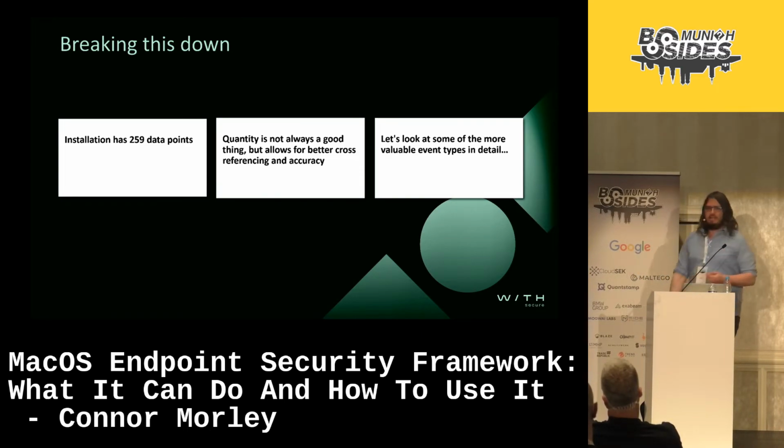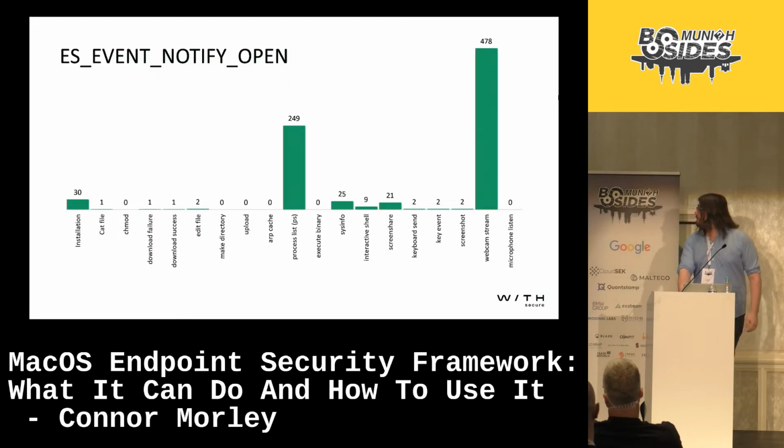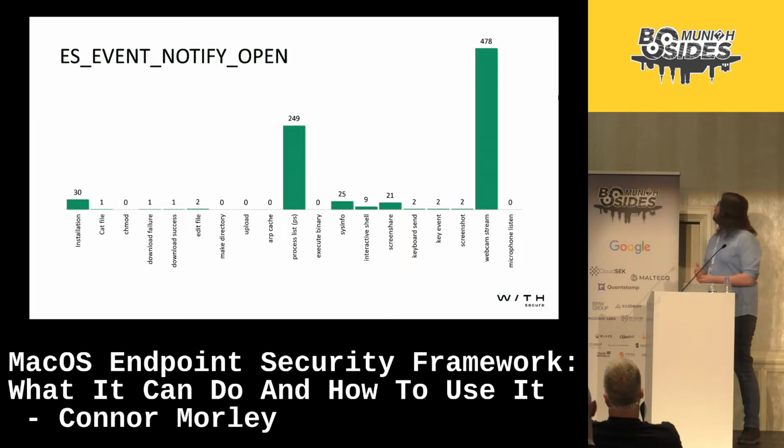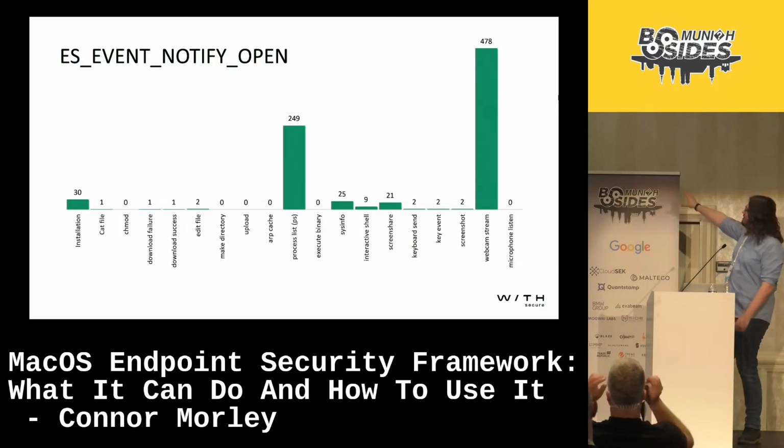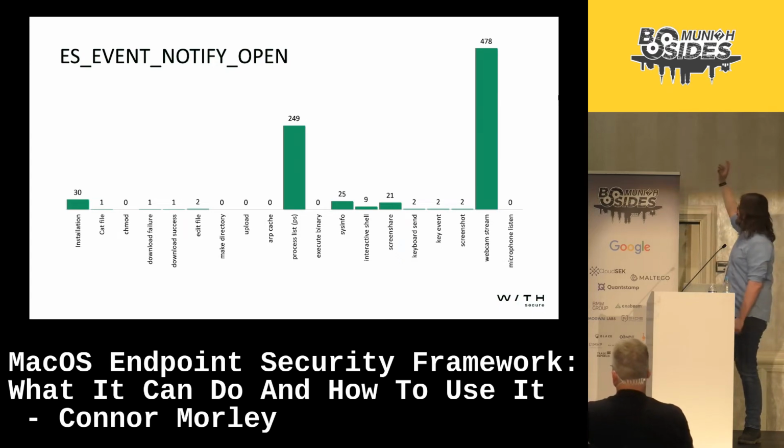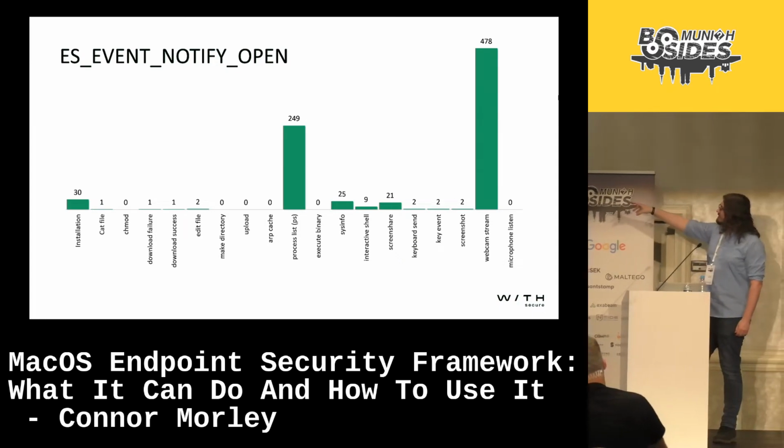But let's look at some of the other event types that are generated and against what sort of commands. So on this slide, again, this is to do with file open events. On the far right, you can see webcam stream of 478, and it's not operationally secure, so that stands out like a sore thumb. Process listing is slightly different.